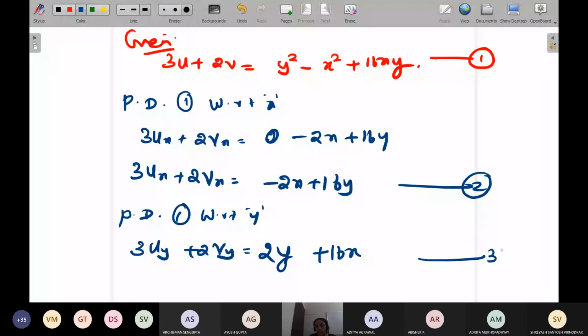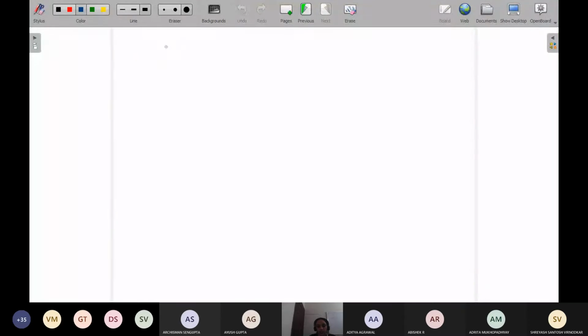Now using the concept of CR equations, because we have to find the analytic function f of z equal to u plus iv, change this uy and vy in terms of ux and vx itself. You know the CR equations: ux equals vy and uy equals minus vx.